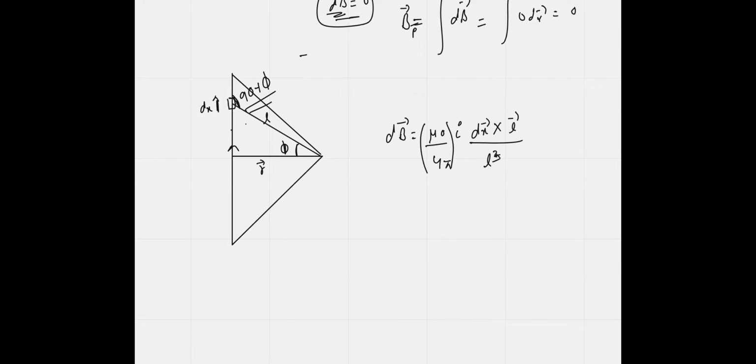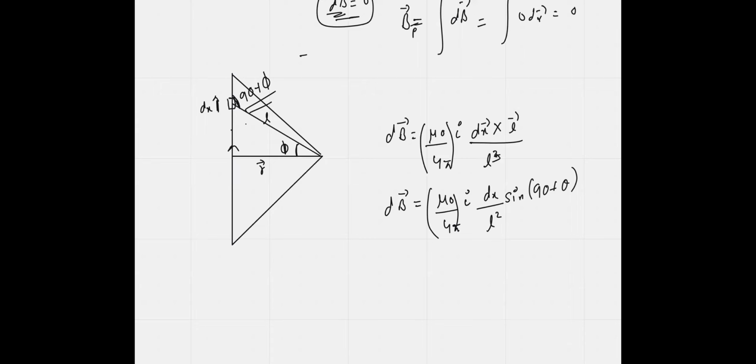So when you put the value as theta, what you get is mu naught by 4 pi I dx divided by L square and sine of 90 plus theta. Now, if you see carefully, this L is not important for me, right?